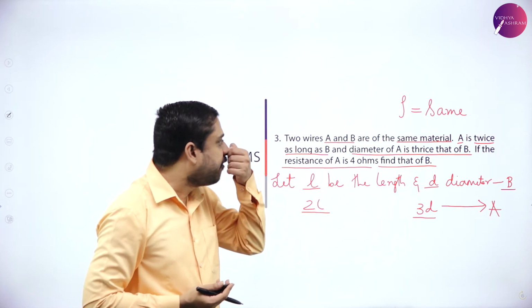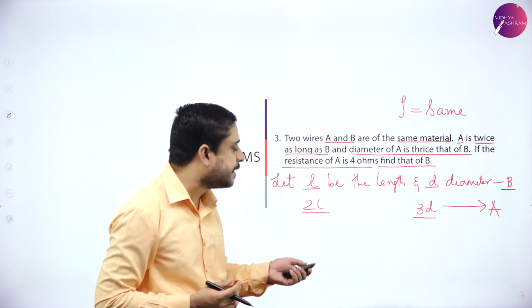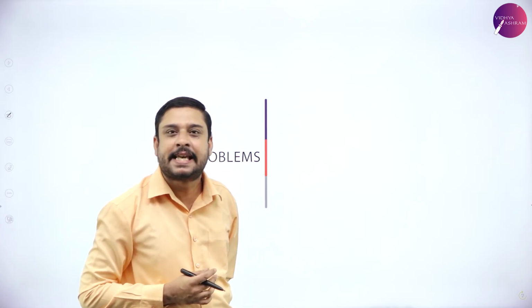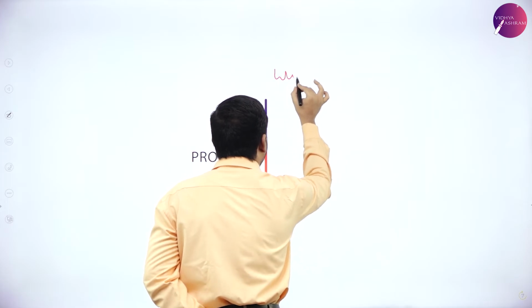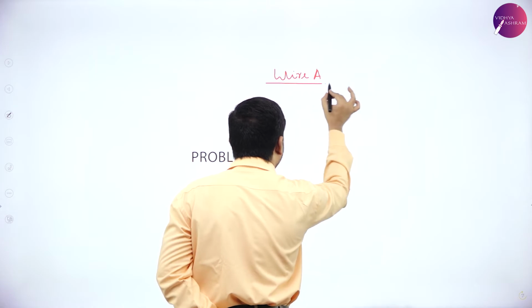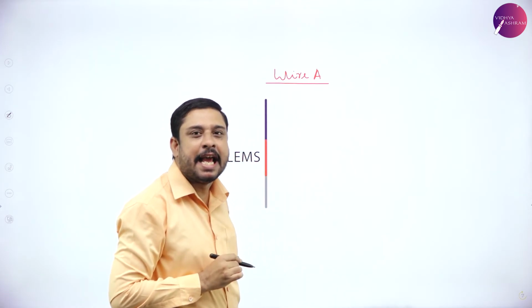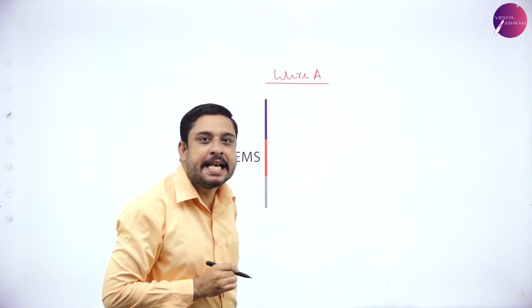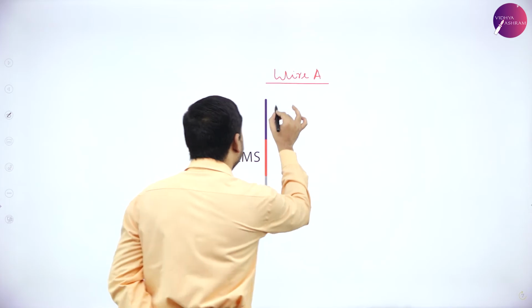Now again I have to equate resistance with resistivity as we did in our previous case. Now, for the wire A, again we recall the relation between resistance and resistivity.